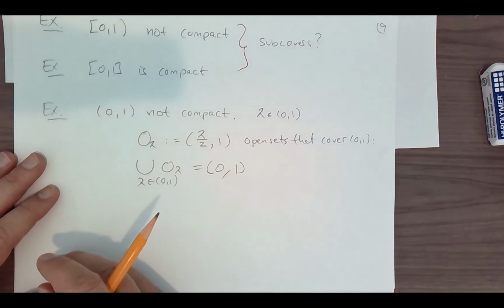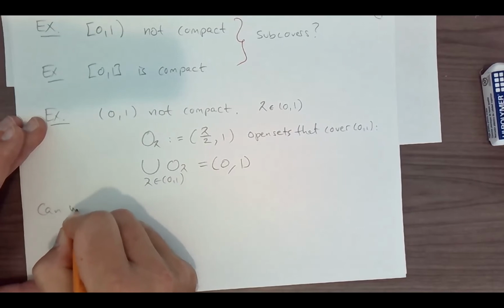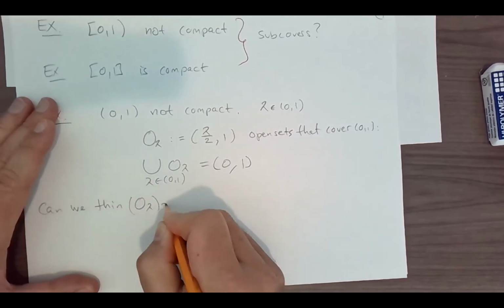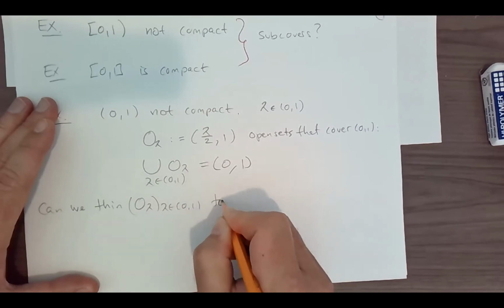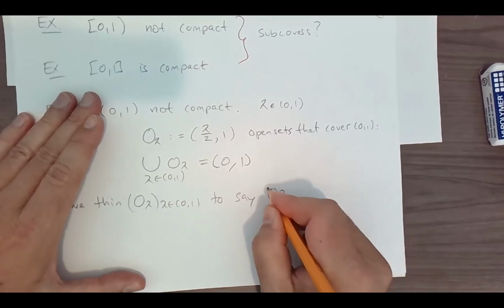And can we thin it? So can we thin it? Can we thin O lambda to say O lambda n?